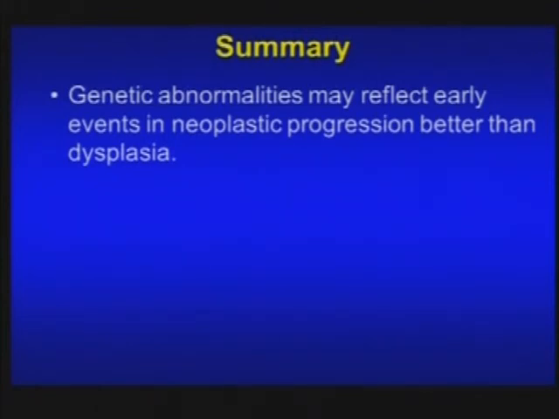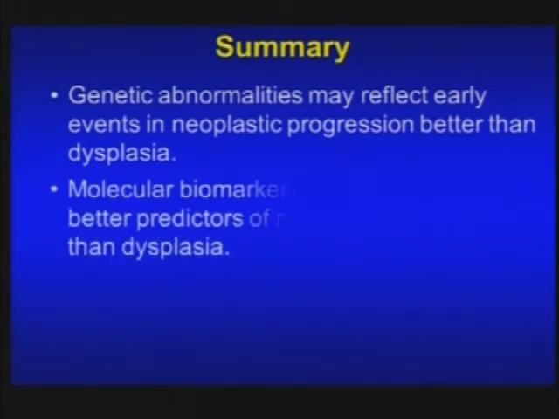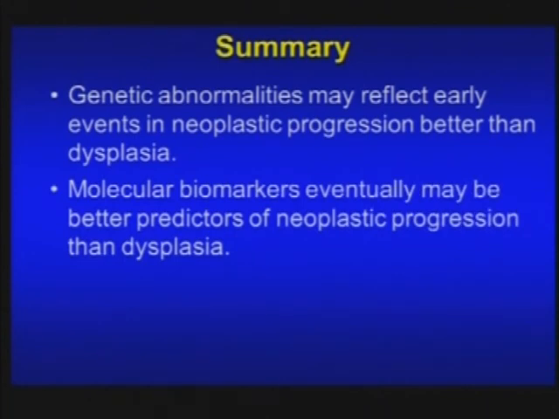So in summary, the genetic abnormalities that reflect early events in neoplastic progression seem to be much better than our standard use of dysplasia. Molecular biomarkers eventually may be better predictors of neoplastic progression than dysplasia.